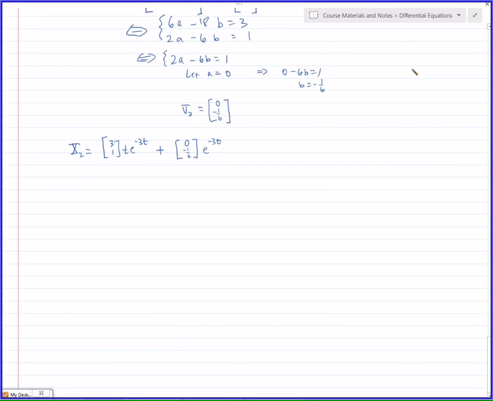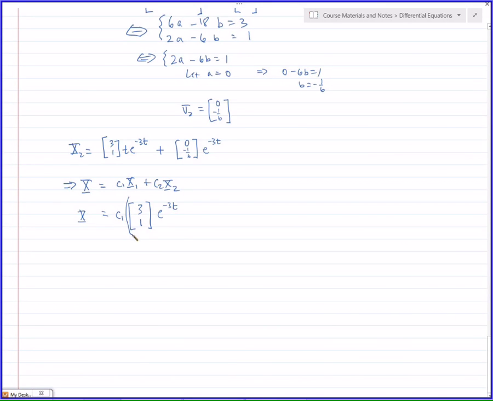Which means then your general solution is c1 x1 plus c2 x2, or c1 times 3, 1, e to the negative 3t.